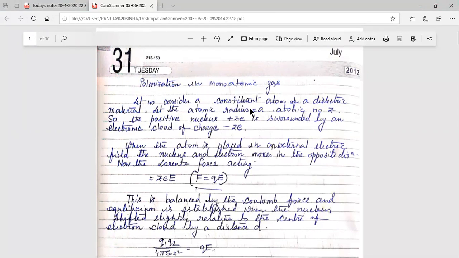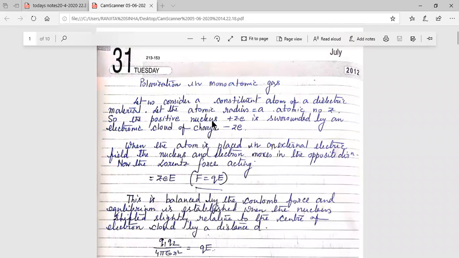We are considering one atom of a dielectric material. Let the atomic radius be small a, and the atomic number of that atom be Z.